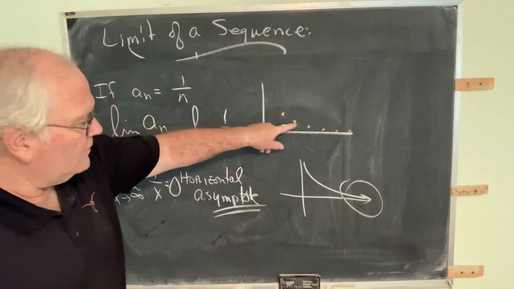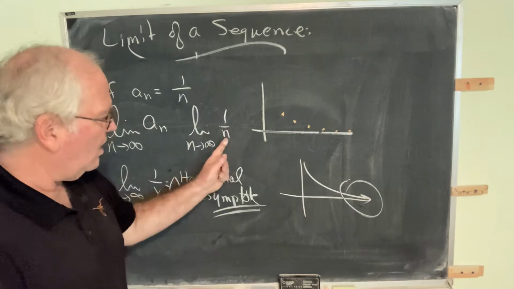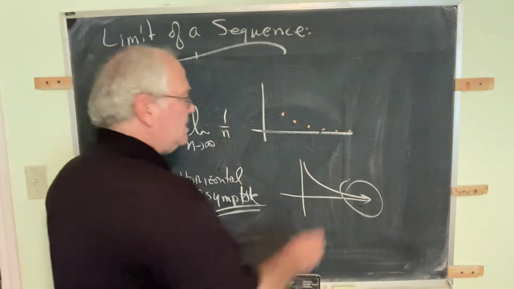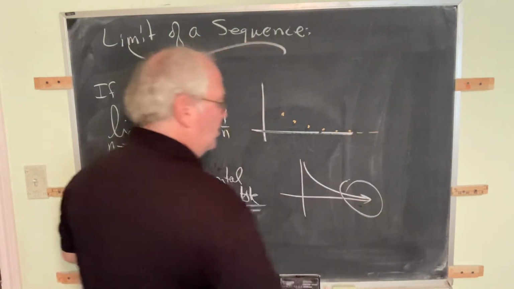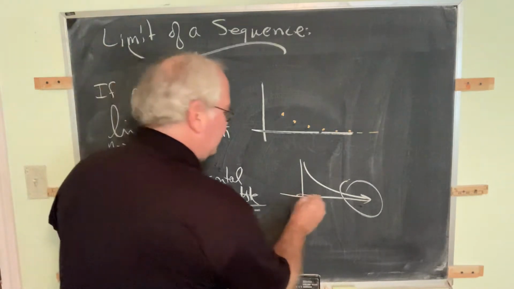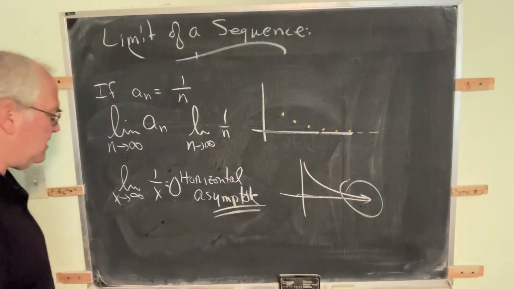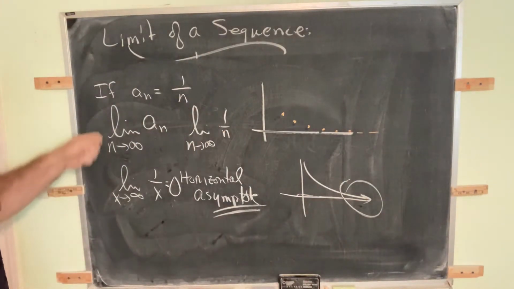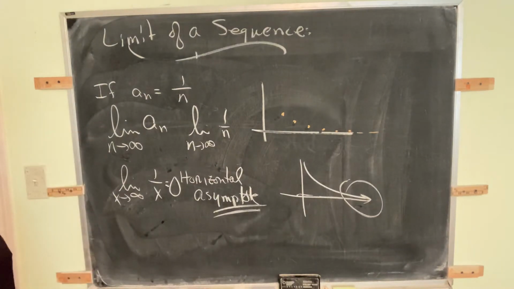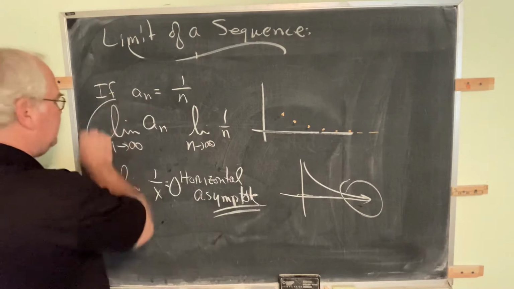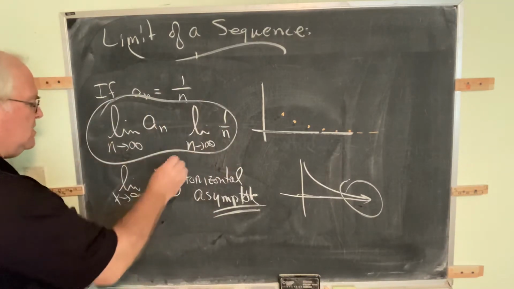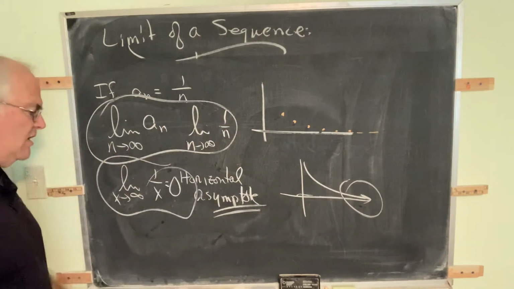1 over 1, 1 over 2, 1 over 3, 1 over 4, 1 over 5, and so on. So yes, these are approaching the horizontal asymptote, just like this curve is approaching a horizontal asymptote. So these two notions share very much in common. In fact, we're going to see that one way to investigate this behavior is to first investigate this behavior.